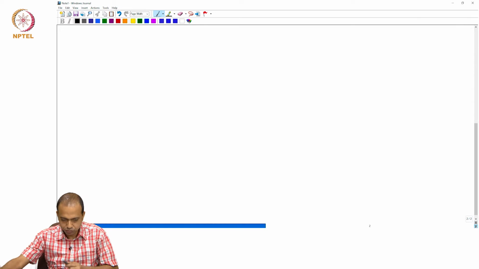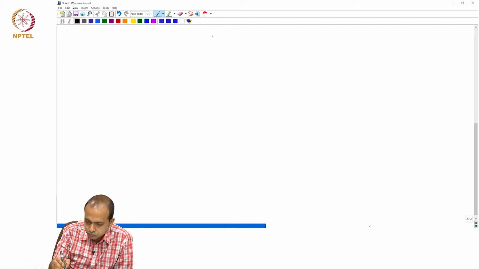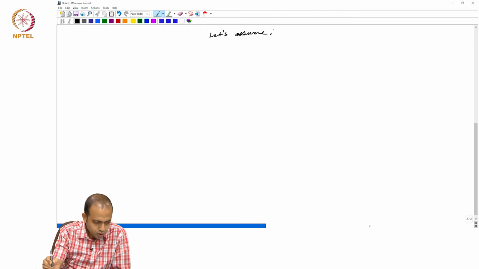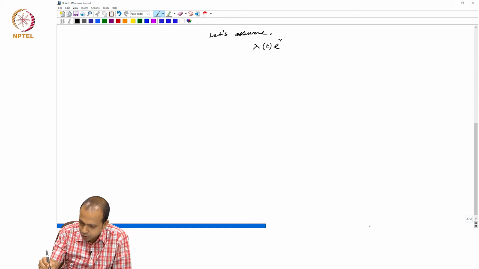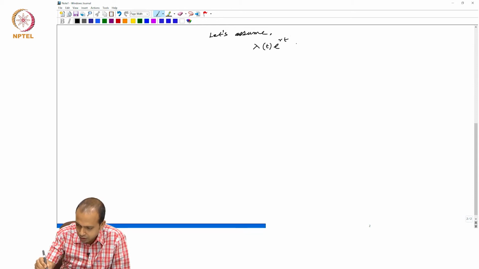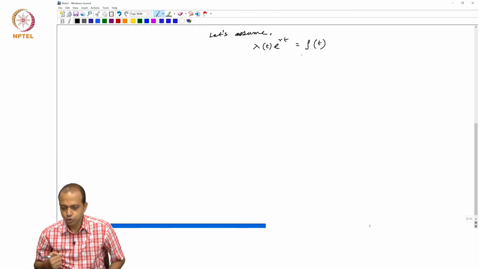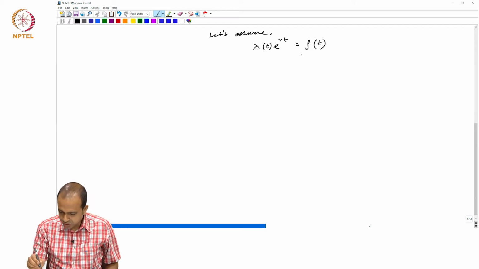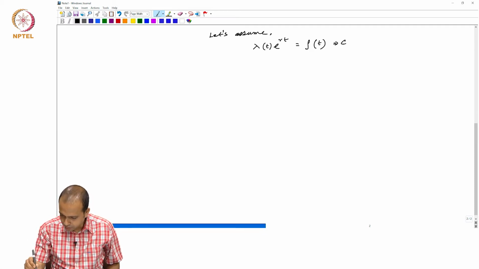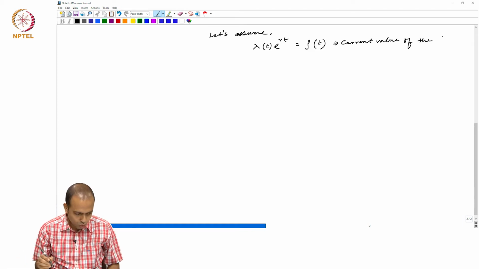Now, let us assume lambda t into e to the power r t equals to rho t, okay, rho t. So, this rho t is known as current value of the co-state variable.